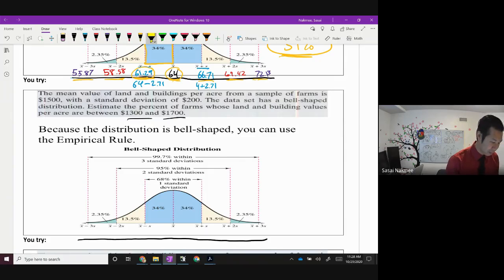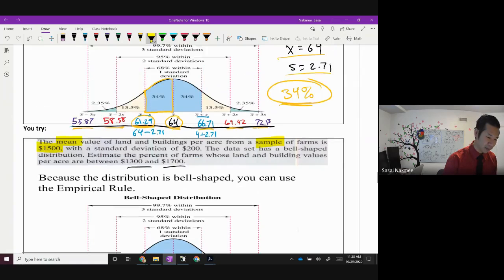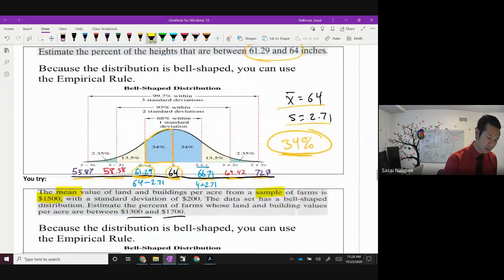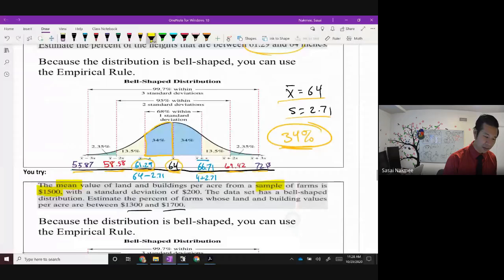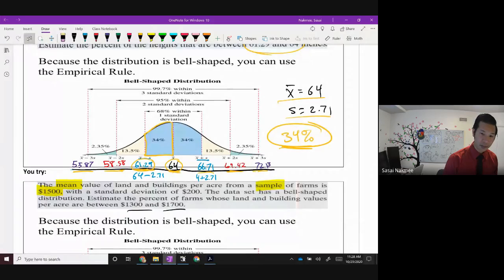Read the problem. The mean value of the land and buildings per acre for a sample is 1,500. Just by reading that off. Oh, I'll go up a little bit. Is that good enough, Michael? Yeah. Okay.